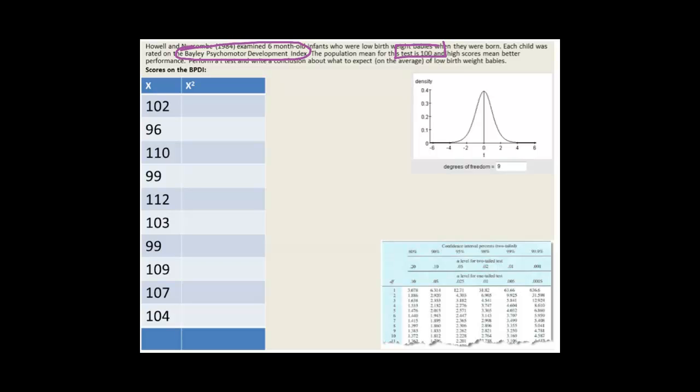Same game as always. We want to start off with a null hypothesis, a statement of no effect or no difference. So we suspect that in the population, these 6-month-old infants who are low birth weight will score no differently on the BPDI, meaning they'll have the same mean of 100.